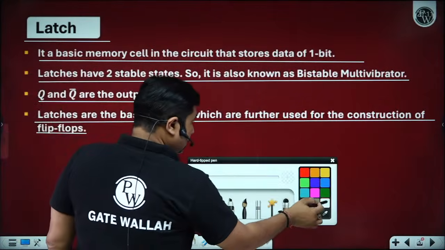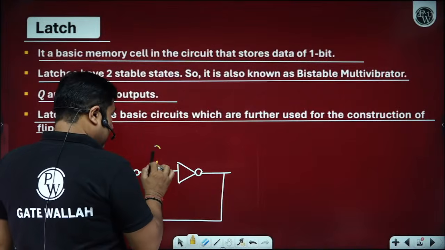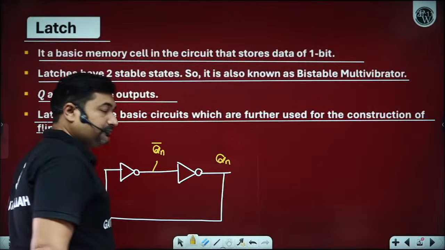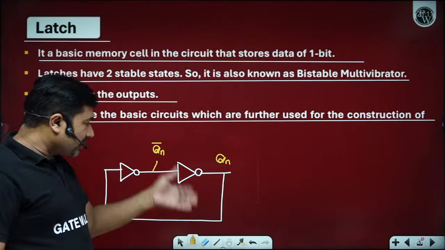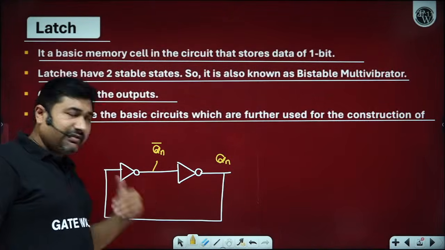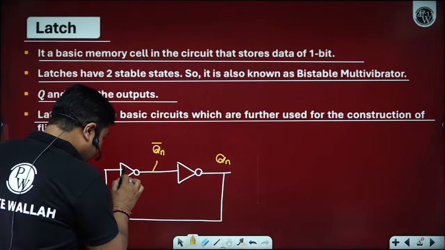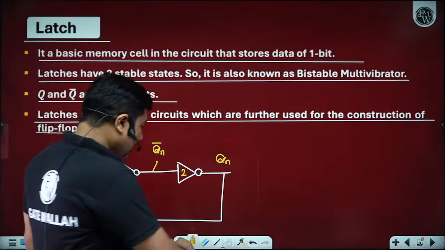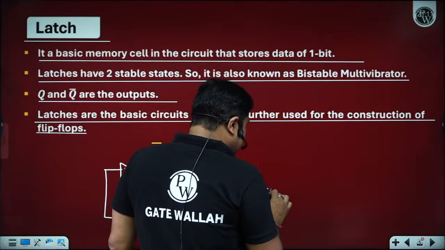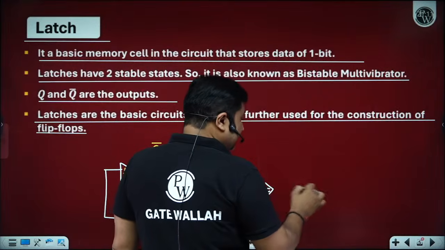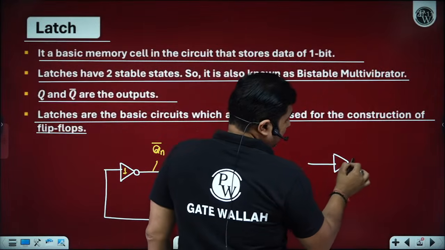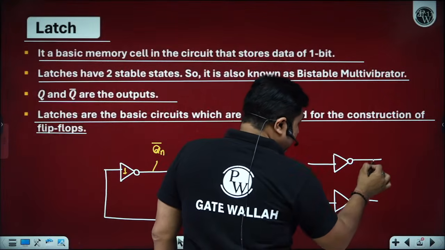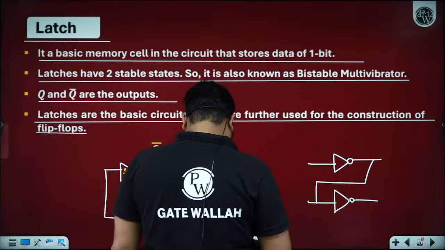Suppose the states are Q bar and Q. Whatever data you give, that data will remain in the cycle. This is your inverter 1. This is your inverter 2. Can I rearrange this bistable multivibrator in this way? Please observe.